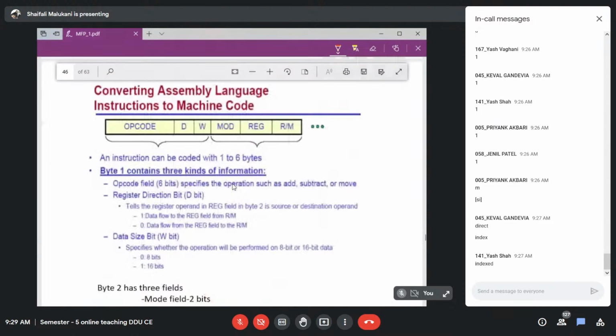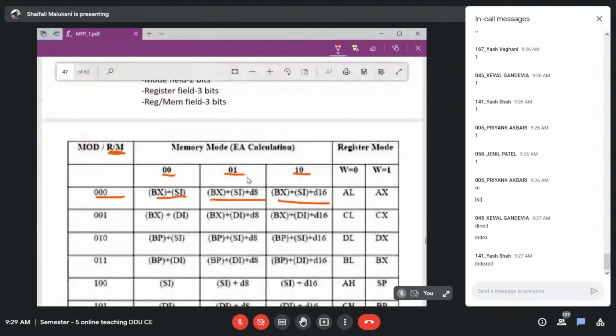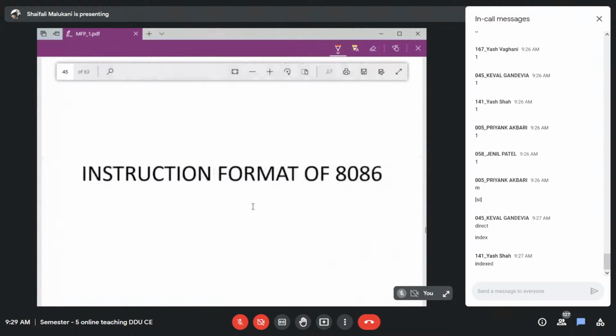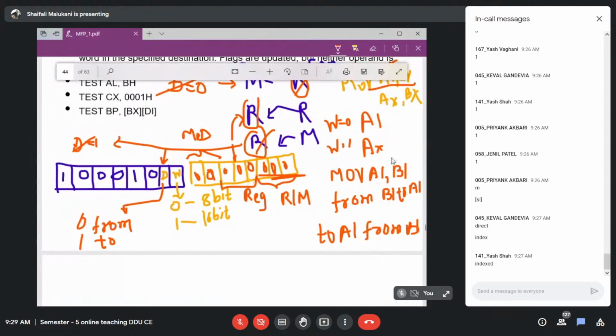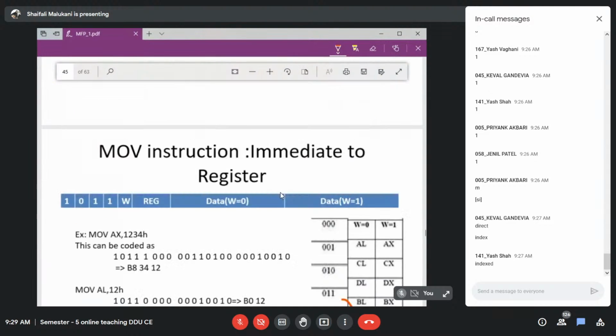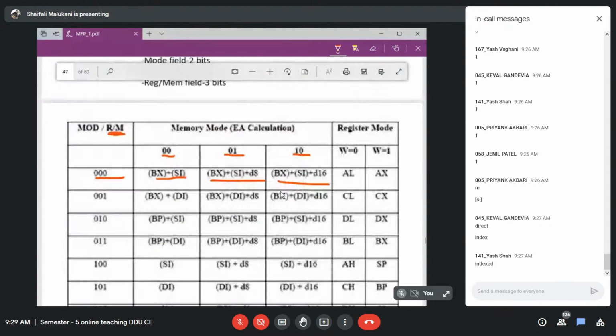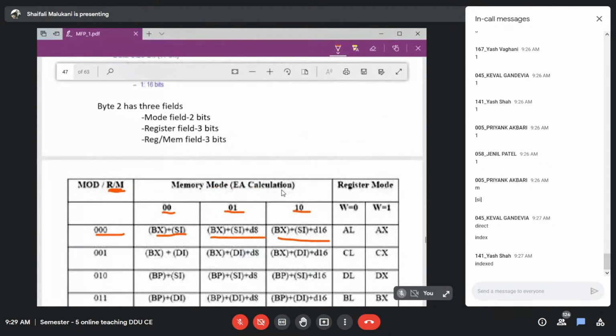But suppose I go for mode value 01 and R/M value 000, that means it is BX, SI and an 8-bit displacement. So how many bytes will the instruction be? Mode 01 indicates one more byte, the 8-bit displacement, is needed, and that's why it is a 3-byte instruction, right? Because we are specifying an 8-bit displacement as additional immediate data.